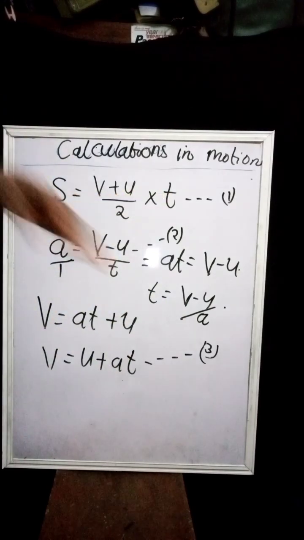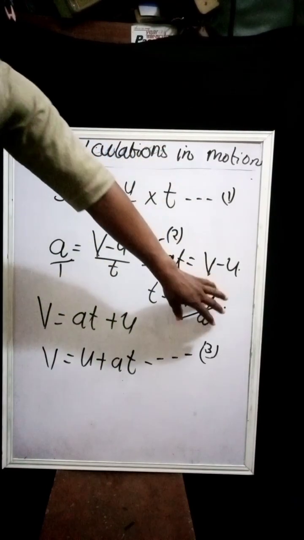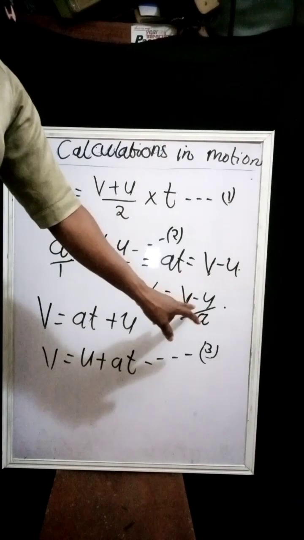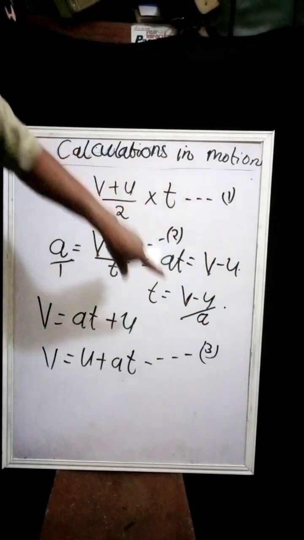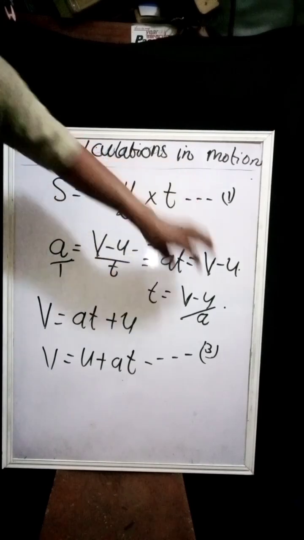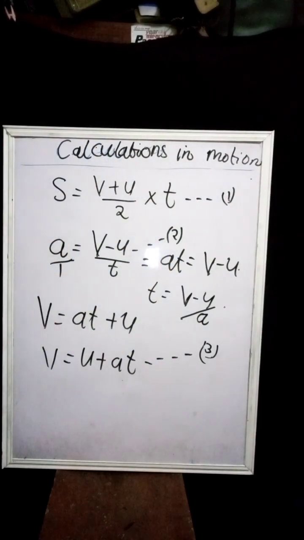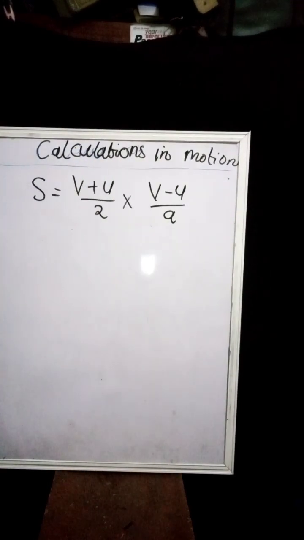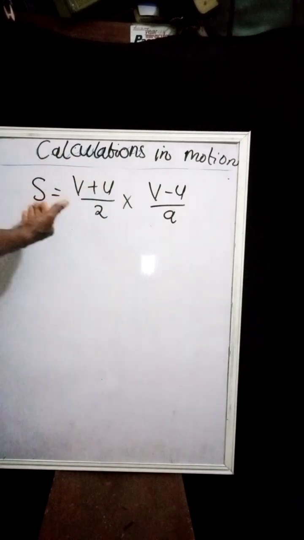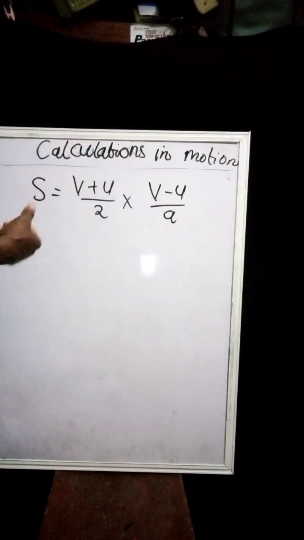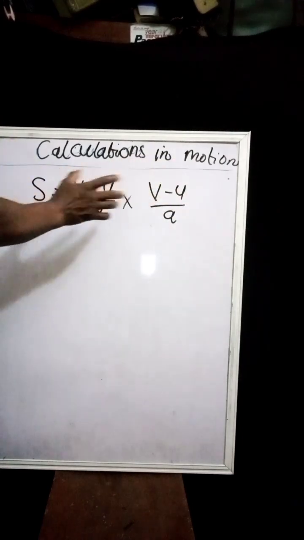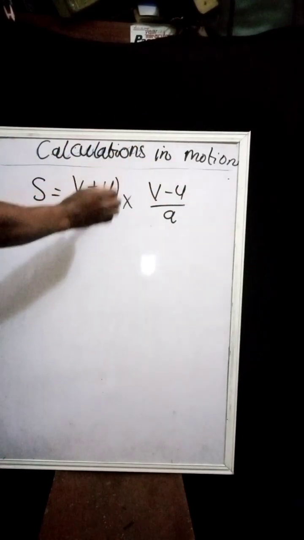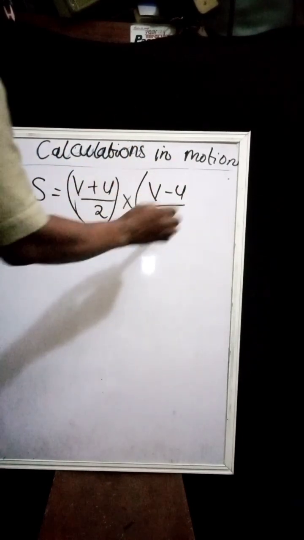That is to replace this t with this. Since t is equal to v minus u divided by a, we will replace this t with this. So s will now become this. So what do we have to do? Multiply this by this. Let's write them in form of brackets.